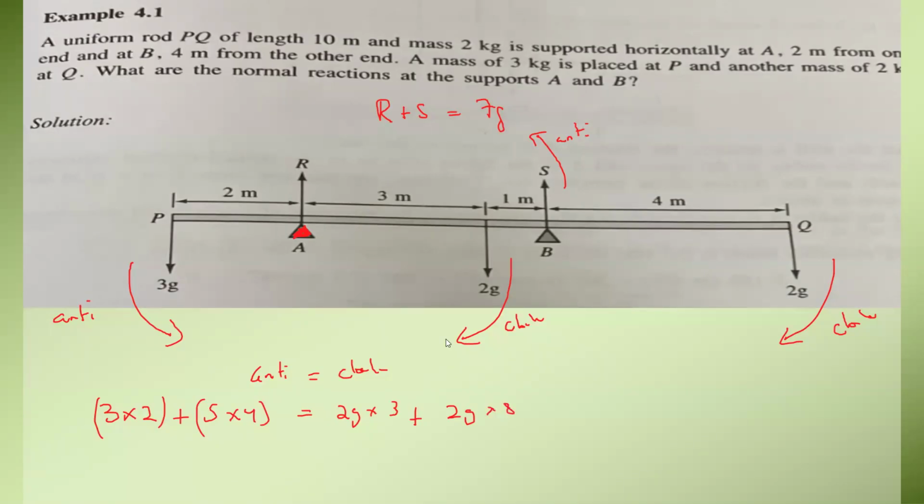Is the equation formed here clear? So the force of 3G multiplied by 2, plus S into 4, equals 2G multiplied by 3 plus 2G multiplied by 8. So 6G plus 4S equals 6G plus 16G.